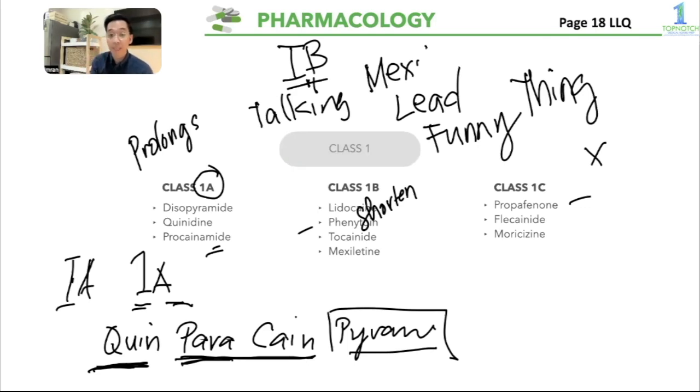Mexi is mexilitine. Lead is lidocaine, no? Funny things sounds like phenytoin. Basta ganun lang siya. Okay, so lidocaine, phenytoin, tocainide, and your mexilitine. Okay, so medyo weird yung mnemonics pero trust me, as in gumagana siya, maalala niyo siya.